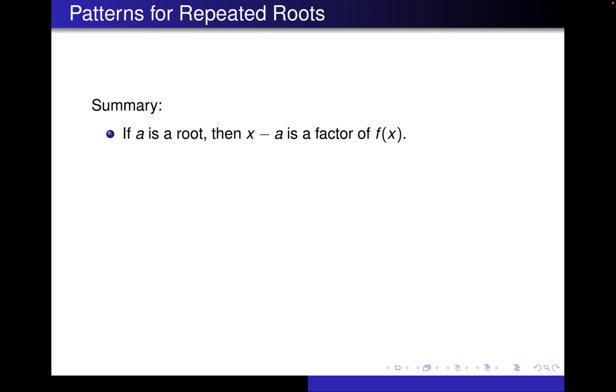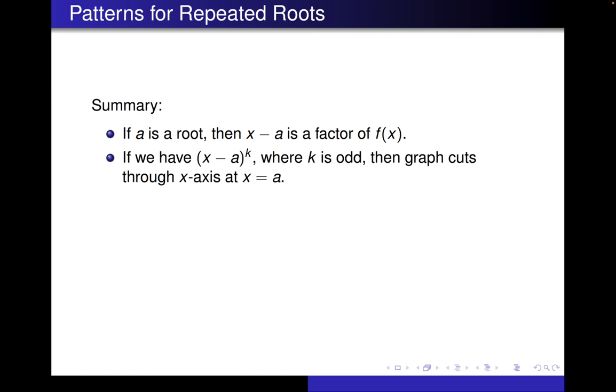So here's the summary. If you have a root at x equals a, then (x minus a) is going to be a factor of f(x). That's not surprising, because if you take x minus a and plug in x equals a, that makes x minus a equal to 0, which makes the whole thing equal to 0. Now we might have a higher power of (x minus a).